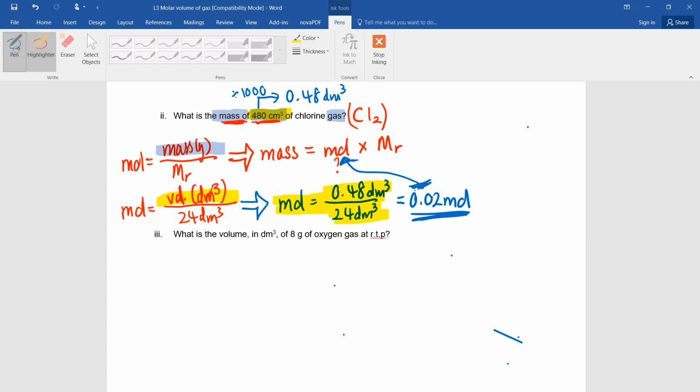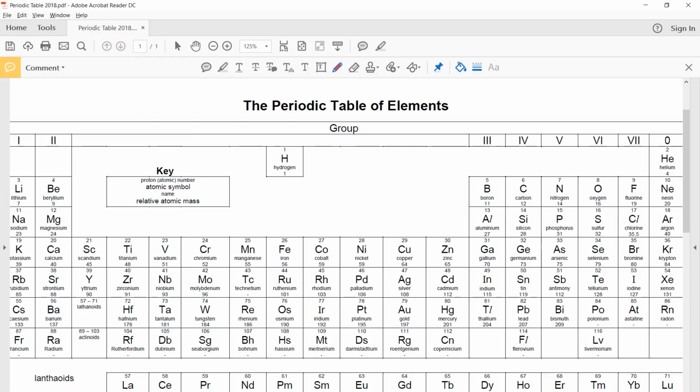Then using the mole, help yourself to find out what the mass is, which in this case is 0.02 multiplied by the MR. How do you find the MR? Same thing, let's go back to the periodic table. Chlorine is over here. The AR for chlorine is 35.5, right? But in this case, we are looking at Cl2, which is the chlorine gas molecule.